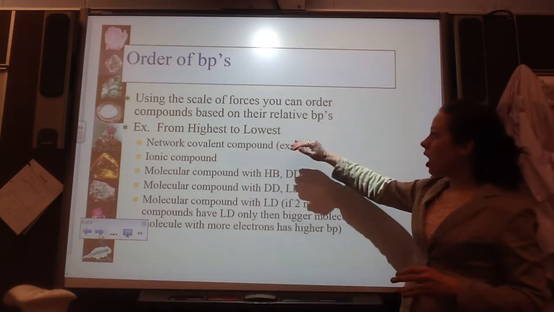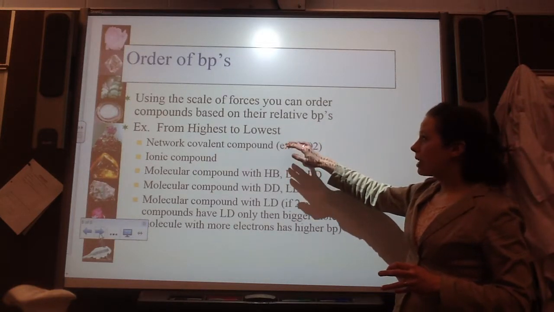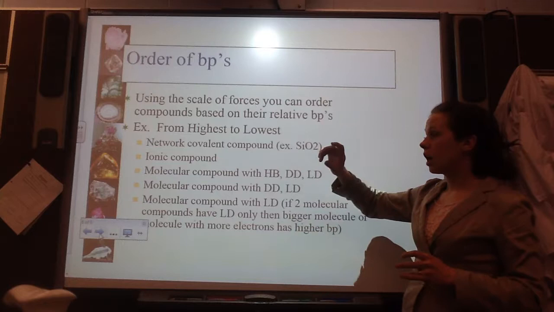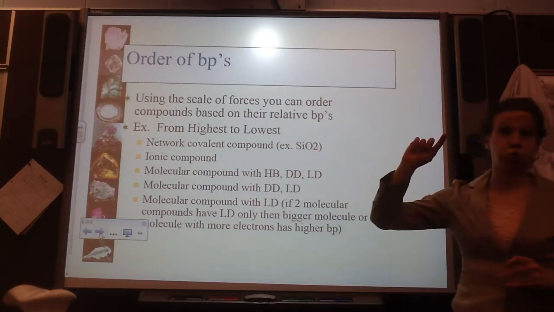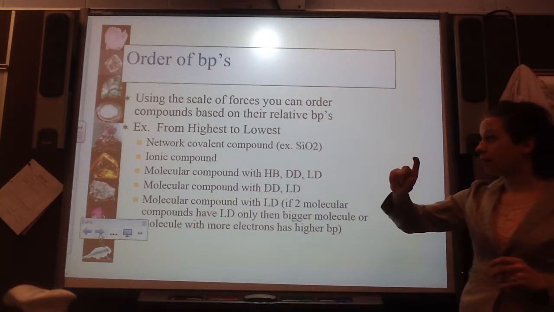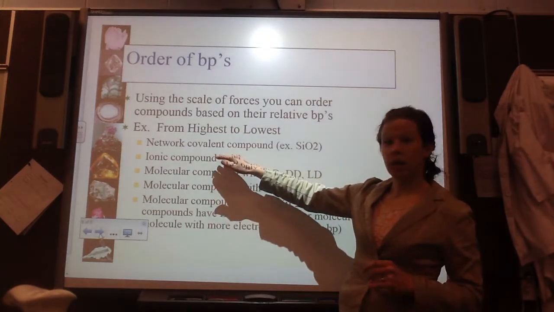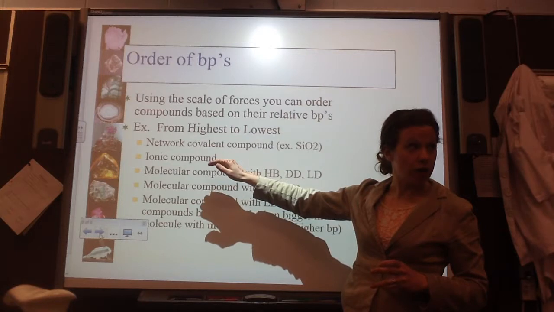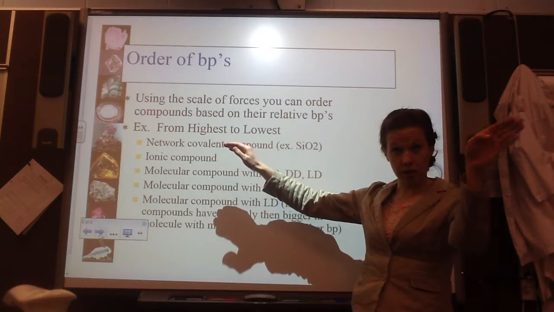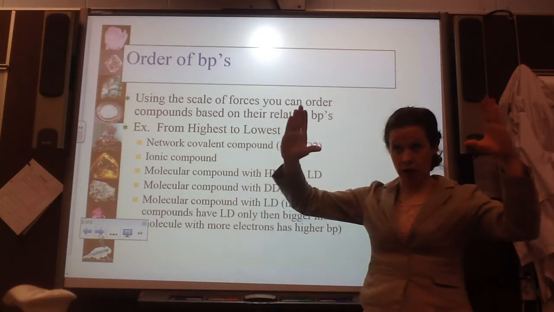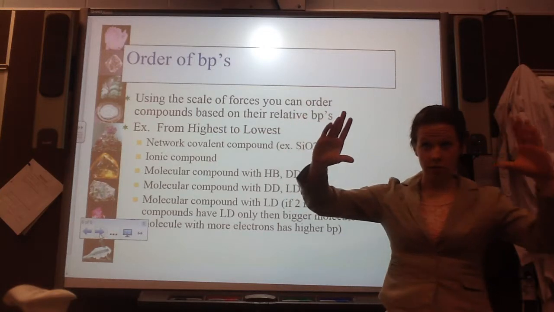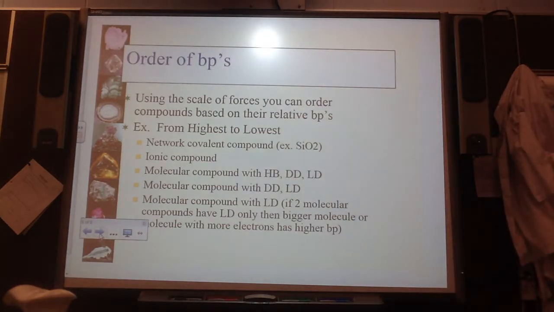Say a compound has network covalent bonds, it's going to have a really high melting point, okay? Basically, you won't be able to melt it. Then our ionic compounds would be the next one, right? Your scale of forces, remember that? Remember your scale from yesterday? Pull out your scale from yesterday's notes to look at.